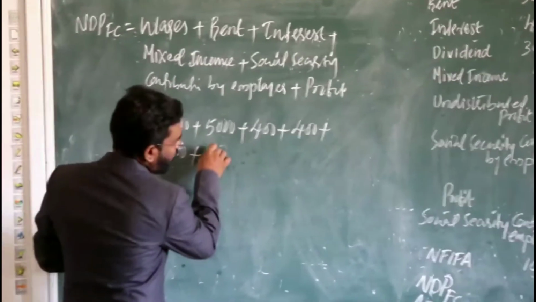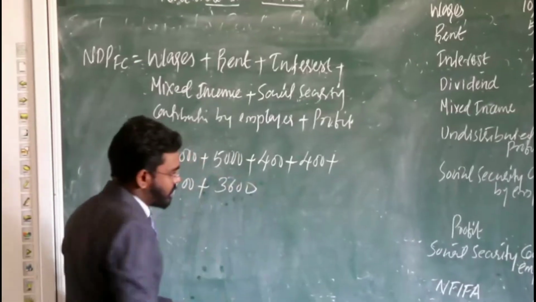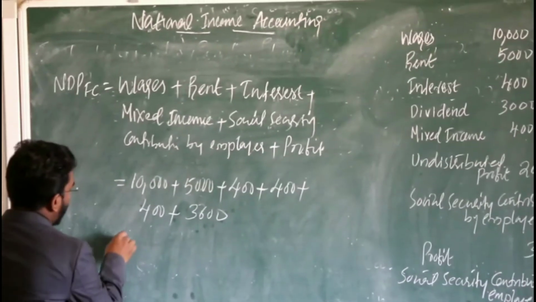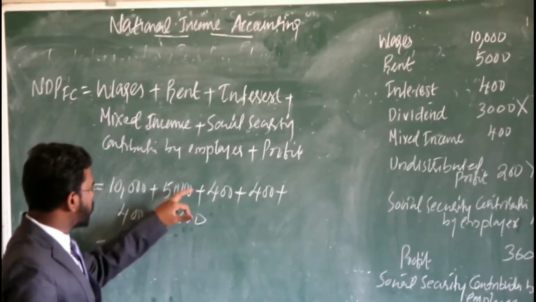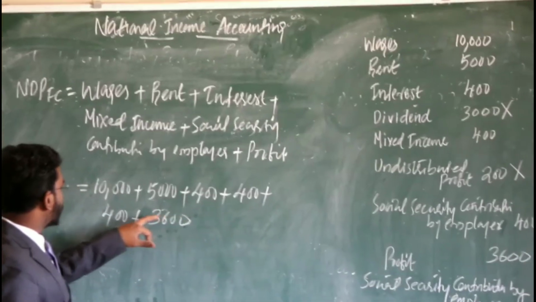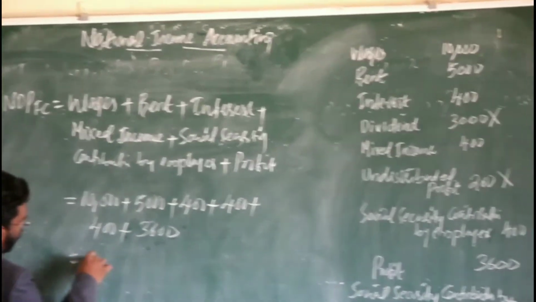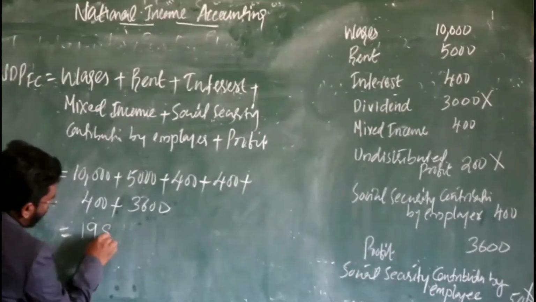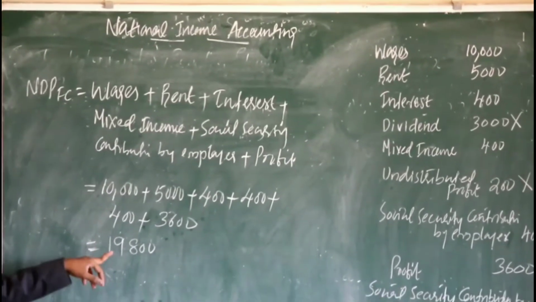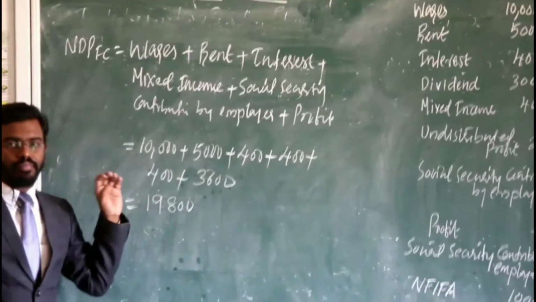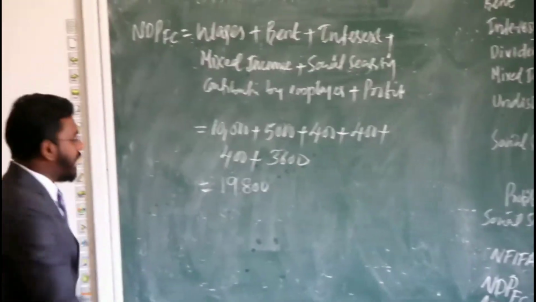Then profit, that is 3,600. That is equal to 19,800. So NDPFC is equal to 19,800. Now we can calculate NNPFC.